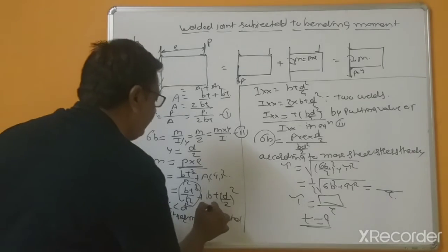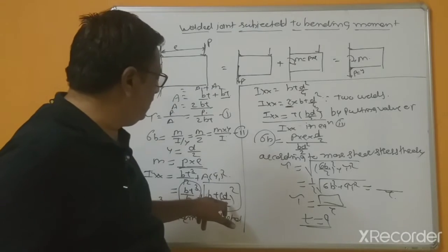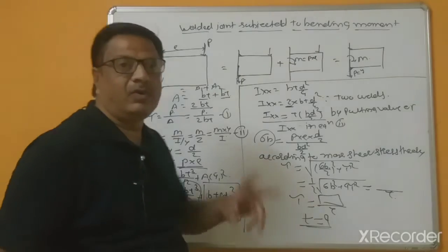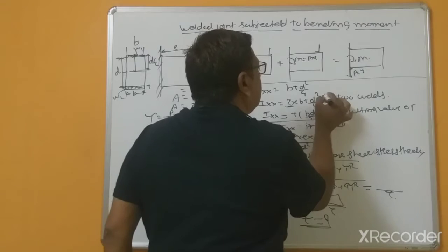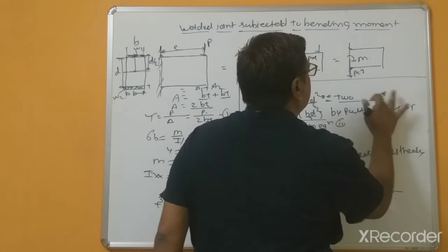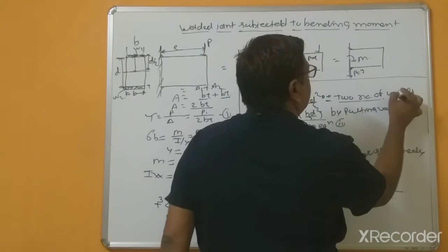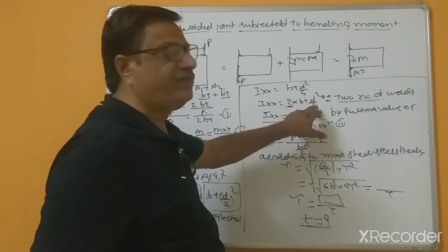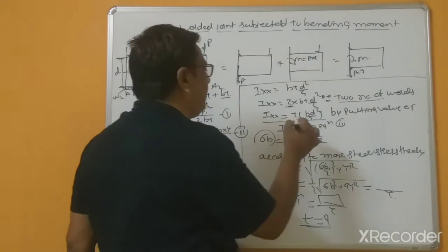Only this portion is remaining, BT into D squared by 4. Now there are 2 welds, so here it is multiplied by 2, because there are 2 welds, and this 2 and this 4 will cancel. So what is remaining? T into BD squared divided by 2.